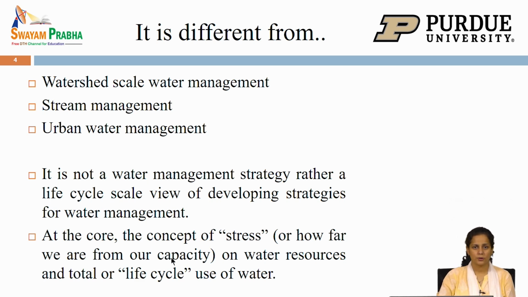So, at the core there is this idea of balance or imbalance between the demand and the supply of the resource, where the supply is provided by the freshwater resources that are available for consumption and the demand is given by the water footprint, or the requirement of water for the production processes.